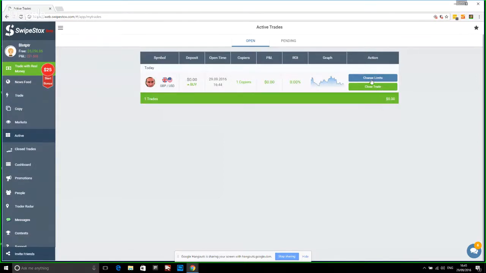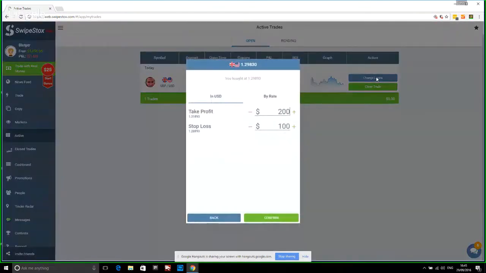And if you want to change the trade parameters, you can go on change limits and change the price where you want to exit if you make money, and where you want to exit if you lose money.